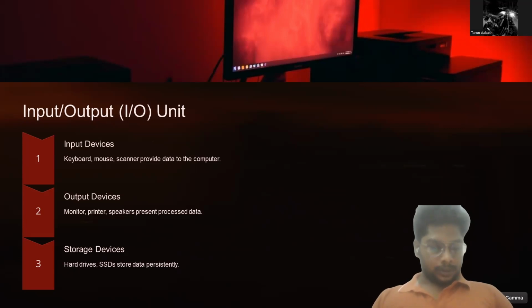The output units are monitors, printers, and speakers, enabling the computer to present data to the users. These units are essential as they allow interaction between the users and computers, enabling them to perform meaningful tasks and communicate results effectively.